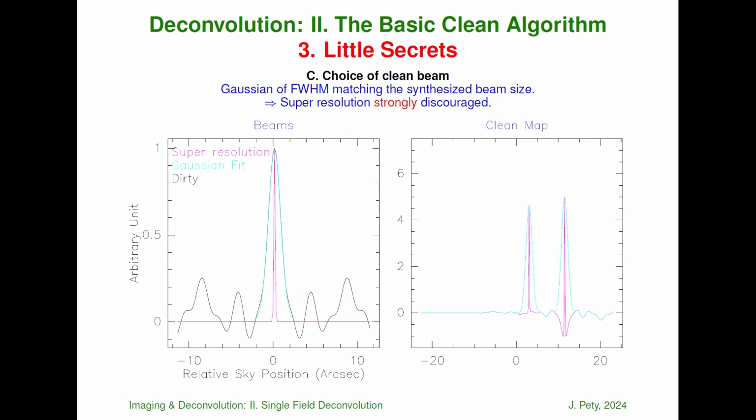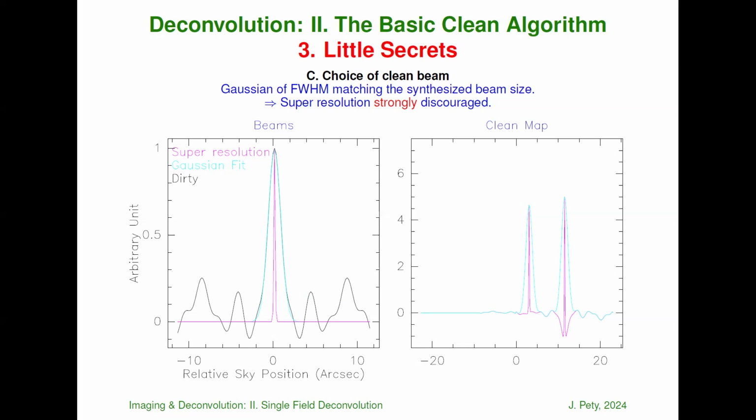The second one is related to what we did. We added the residuals to the clean component list. This makes a first order correction, but it works only at one condition. Only when you're not doing super resolution. Okay?